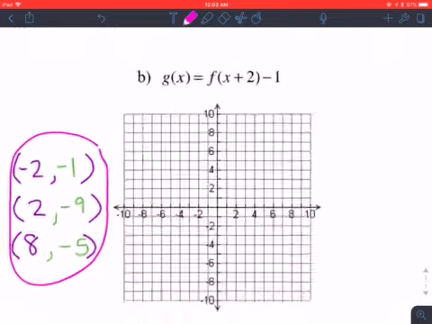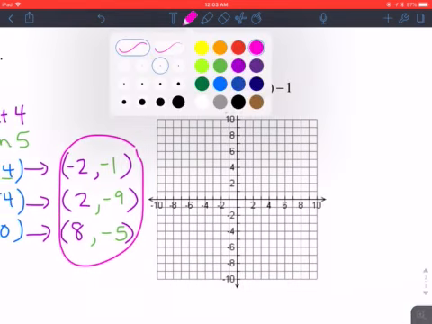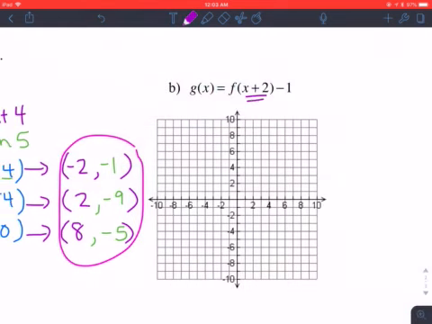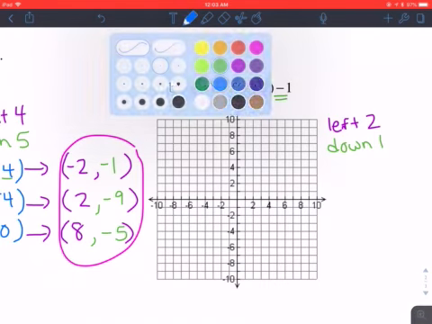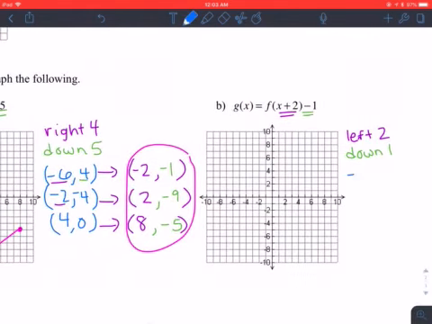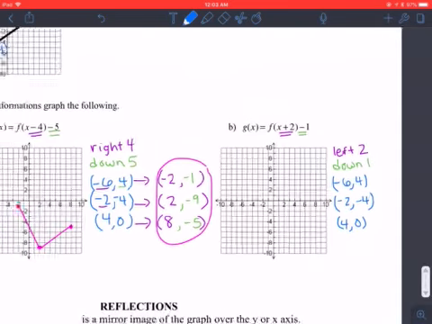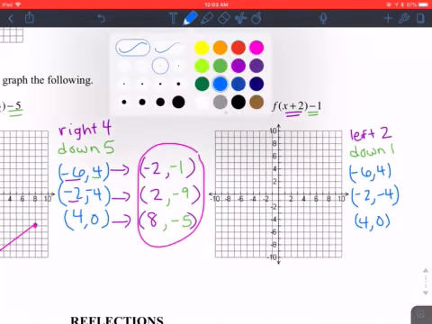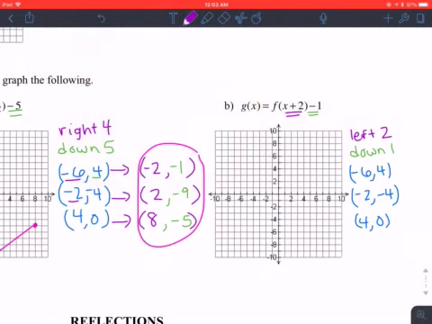Now let's look at B. We're going to do our horizontal. The +2 tells me I'm moving left 2. And then the -1, we're moving down 1. So starting with those same points, -6, 4, -2, -4, and 4, 0. Let's shift those.